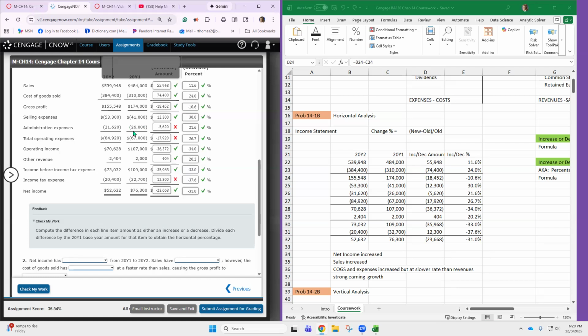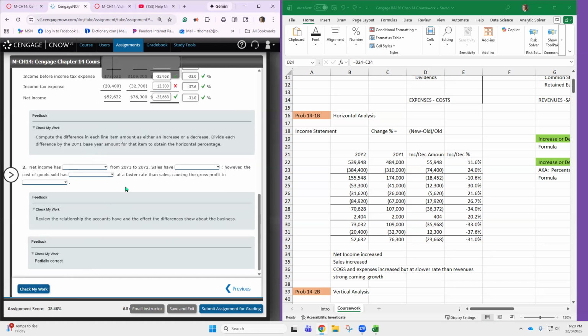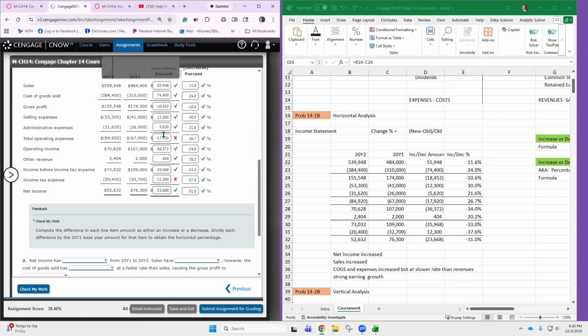So now when we compare expenses here, they actually went up. So when a cost goes up, yeah, so it's more. And I need to fix that. Okay, so then total expenses actually went up.